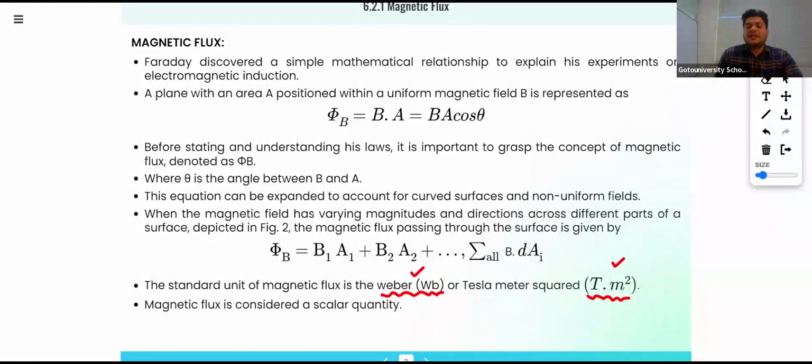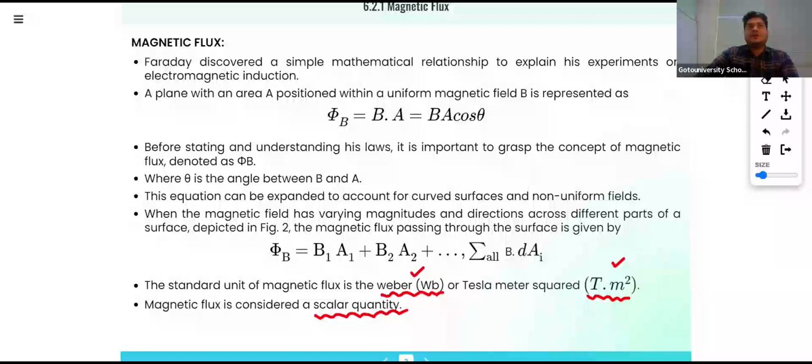Also remember one thing, that magnetic flux is a scalar quantity. So basically, magnetic flux is the product of magnetic field strength and the area. If you remove the dot sign, there will be BA cos theta.